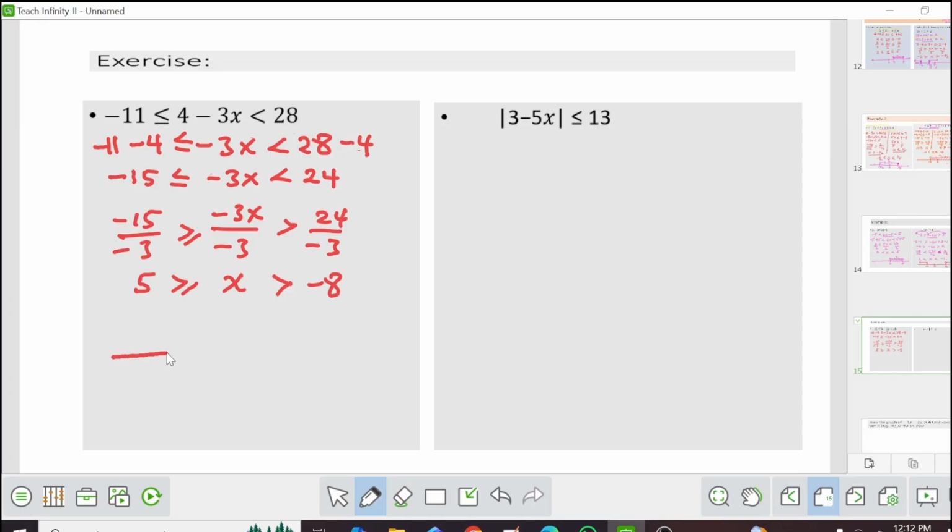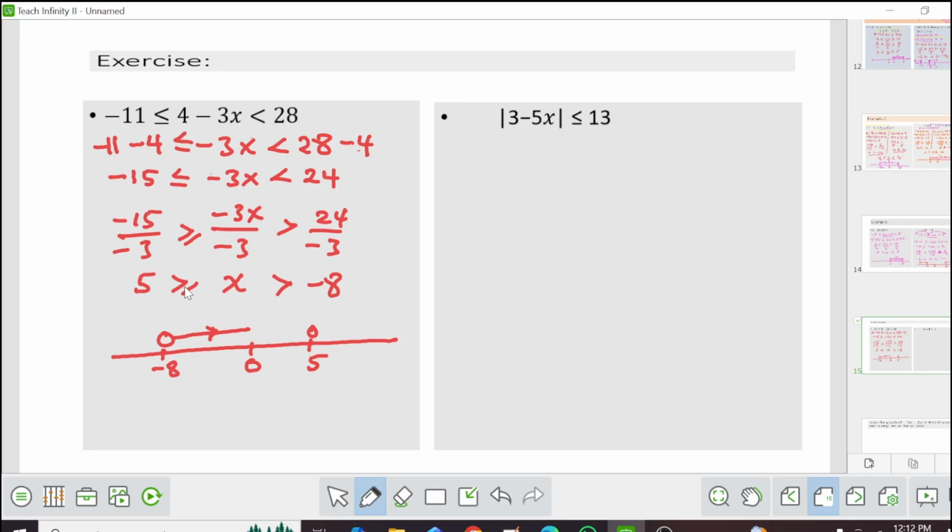Then you can represent this on a number line. This is 0, and we put the negative here, minus 8. Then 5 is very close, so let's assume here. The one that is strictly less than will not be shaded. x is greater than this, so you move to the right.